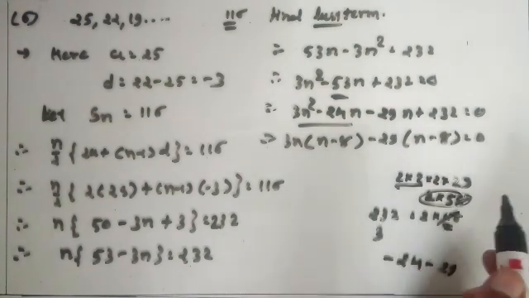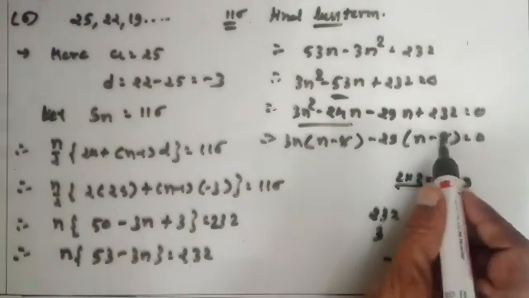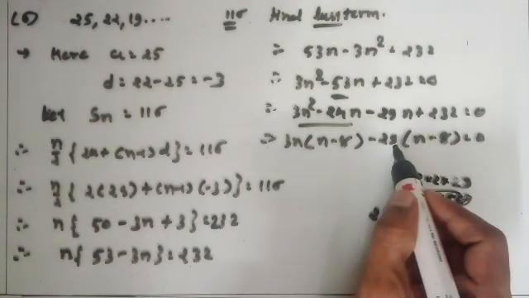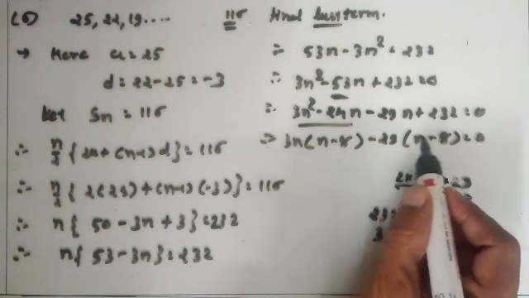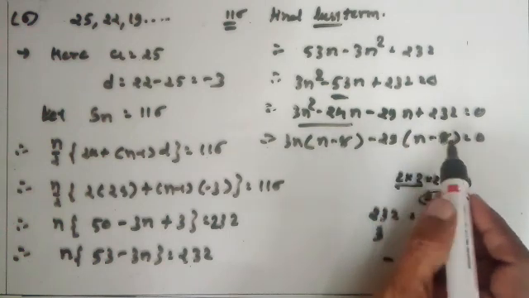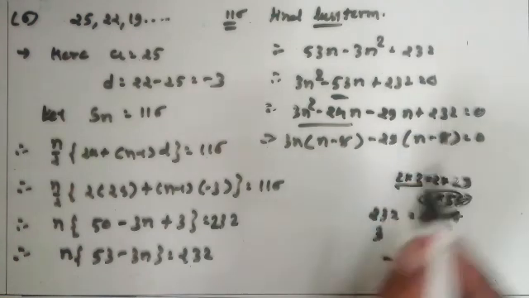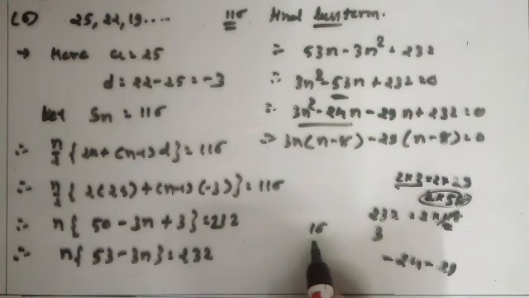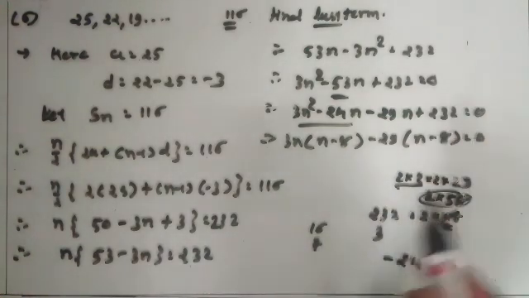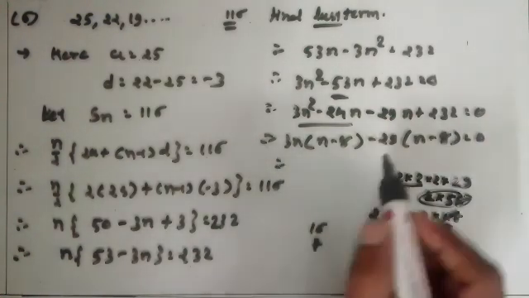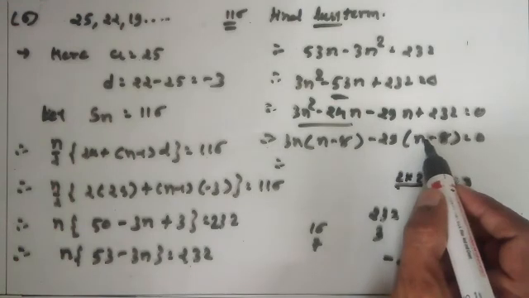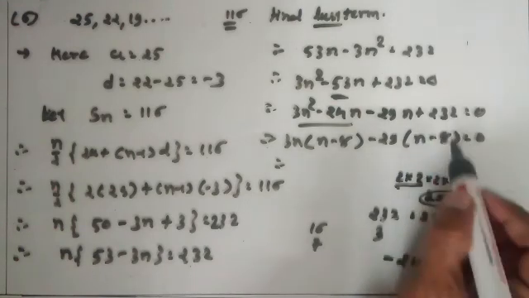29 into 8 becomes here 8, 9, 72, 7 carry, 8 twos are 16 plus 7 becomes 23. Okay, the remaining terms in the bracket become n minus 8.